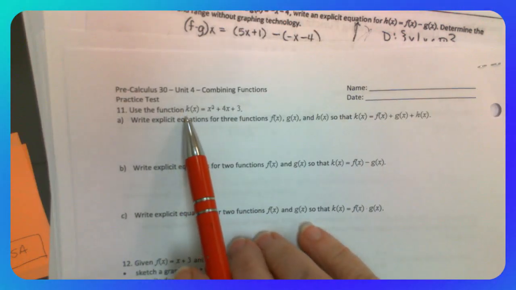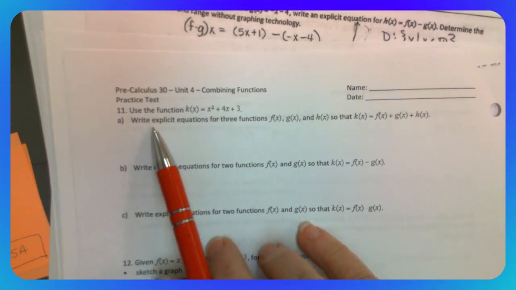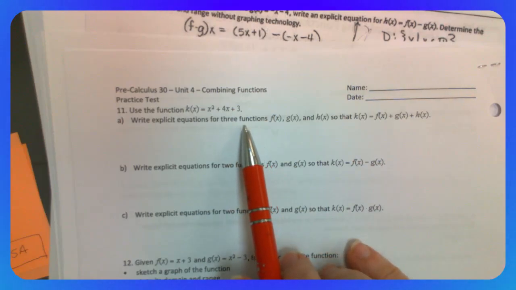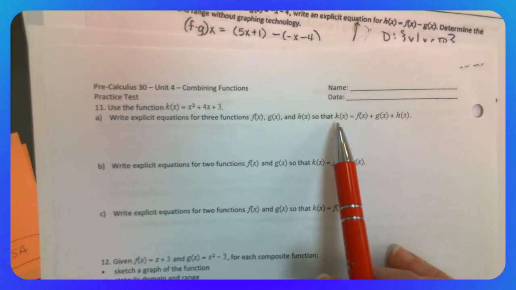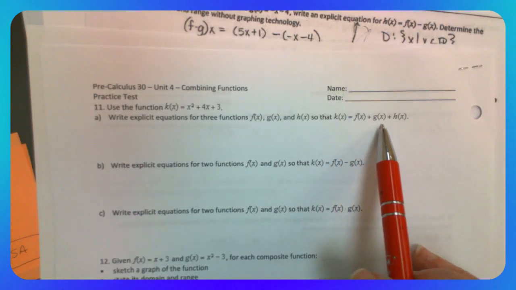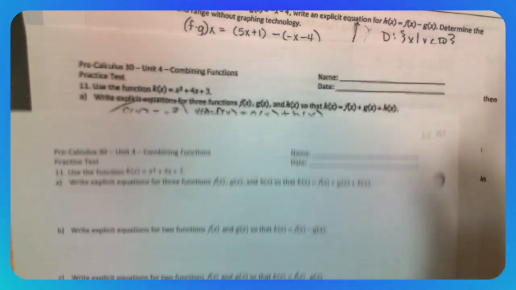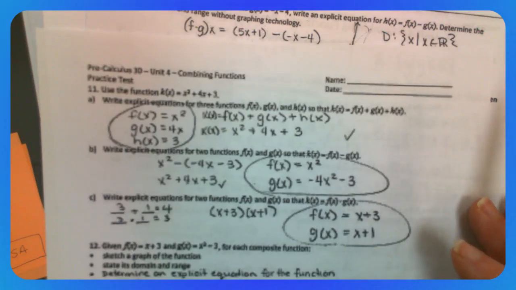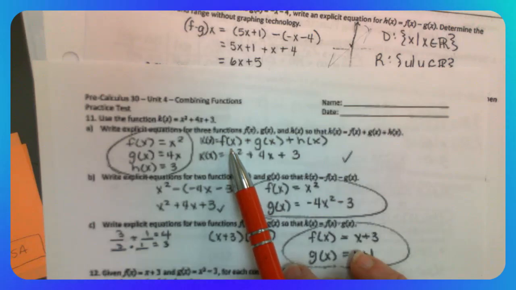We're going to use the function k of x equals x squared plus 4x plus 3 and write explicit equations for three functions, f of x, g of x, and h of x, so that k of x equals f of x plus g of x plus h of x. So we're deconstructing. This is where you can come up with your different solutions. Let me show you what I've got.